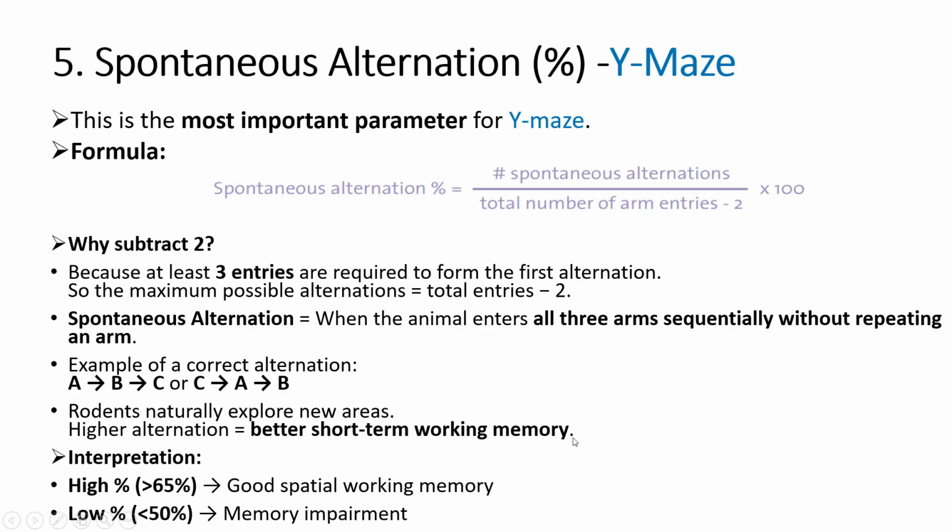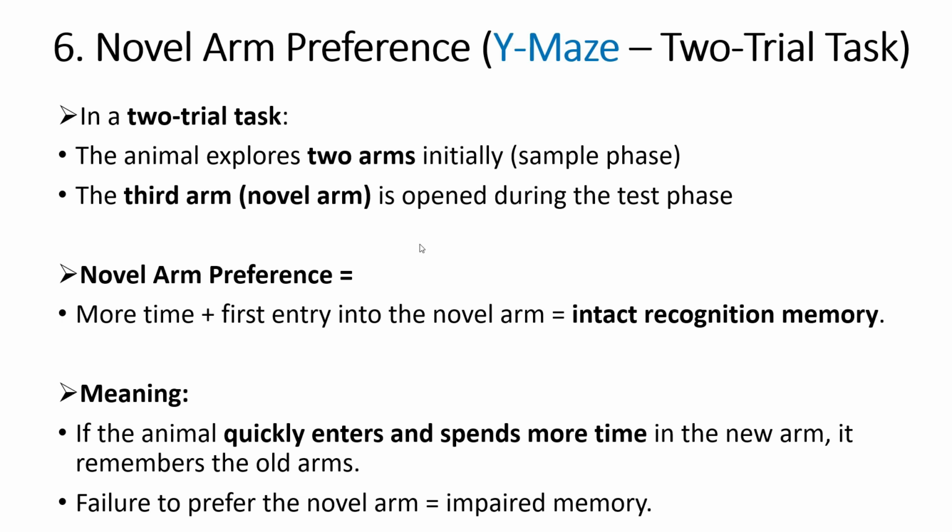Now we will see the next parameter, novel arm preference, Y maze, 2 trial task. Earlier we saw the Y maze with 1 trial, with no need of a training phase, but here you have to do 2 trials. Animals first explore 2 arms in the sample phase, and the third arm, the novel arm, is opened during the test phase.